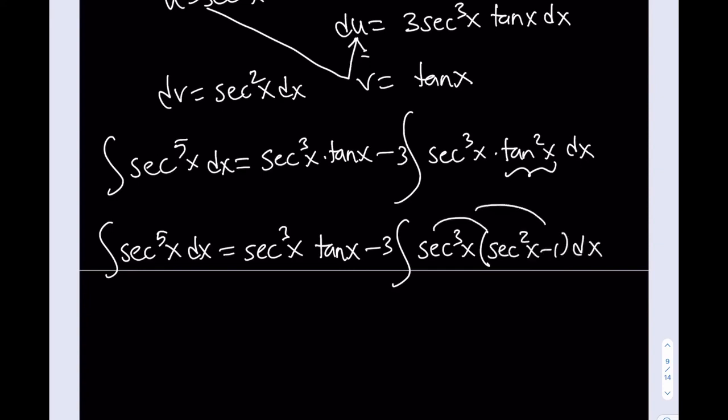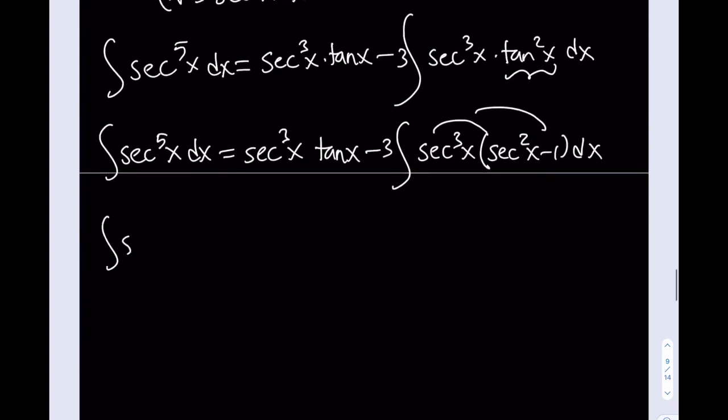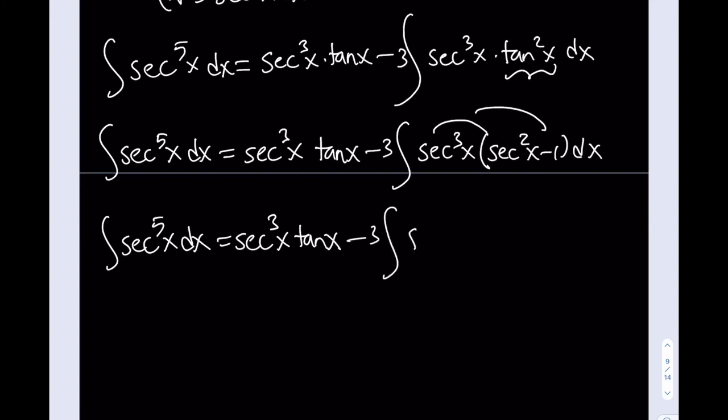Beautiful. Now I'm going to go ahead and distribute those. And that should give me what? Secant cubed x tangent x. Now, inside the integral, I'll get secant to the fifth power minus secant cubed x dx. Beautiful.